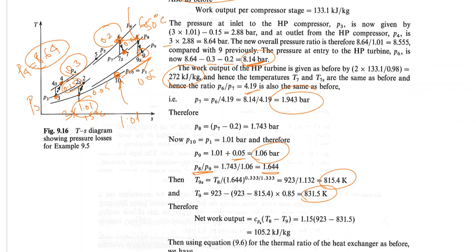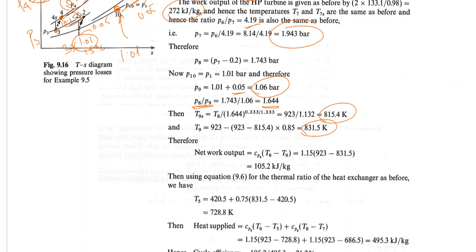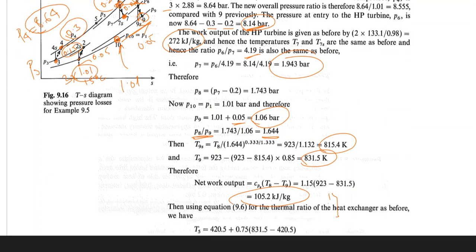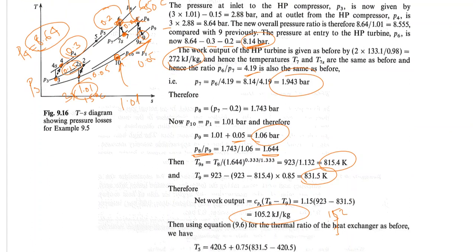Now with the temperatures at T9 and T8, for the low pressure turbine I can find the work done, which is now equal to 105.2. Previously, if you remember, it was 153.7 something. So that's an overall huge loss of the turbine work.